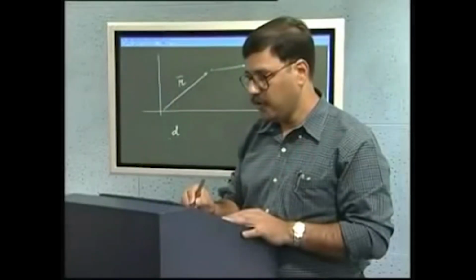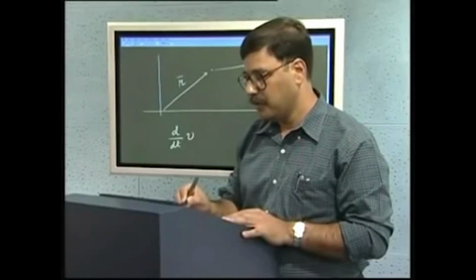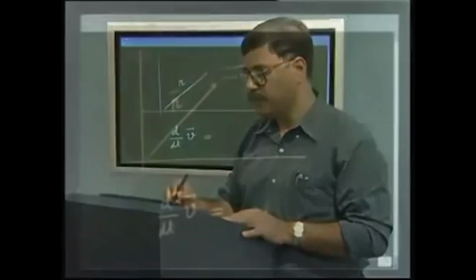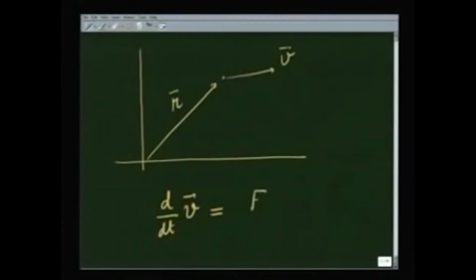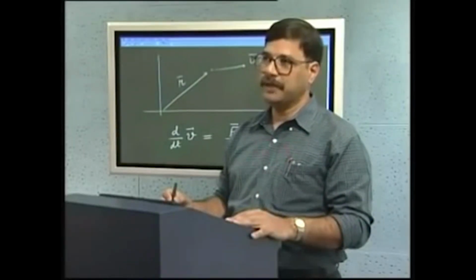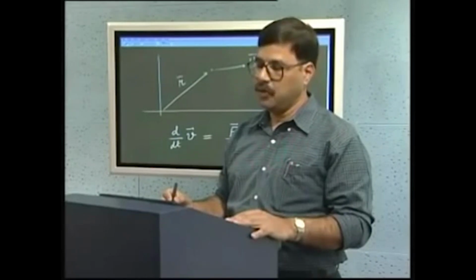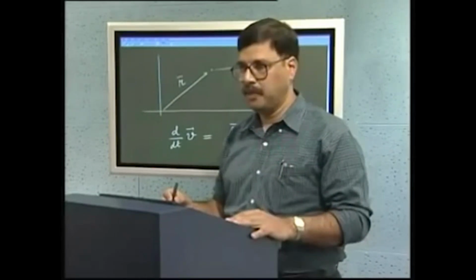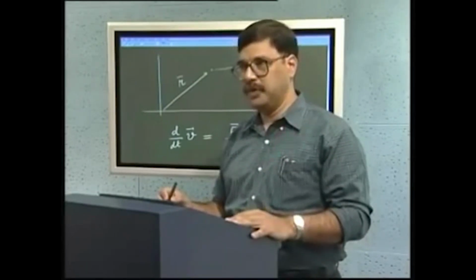With time, the velocity changes, and the velocity change dv over dt is related to the force applied, F, divided by the mass of the particle by Newton's second law. So, to describe the vectors, I need to fix a coordinate system with respect to which I describe the motion.